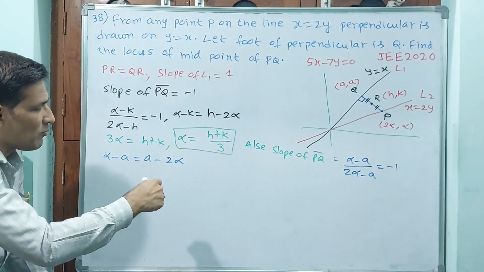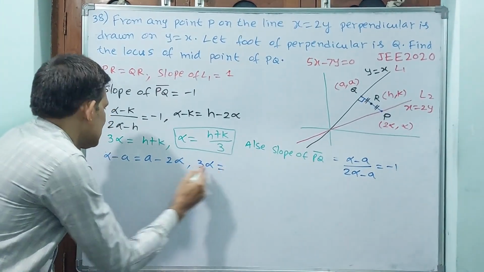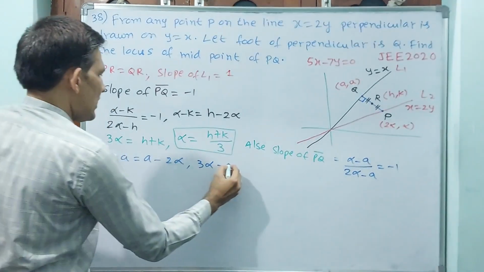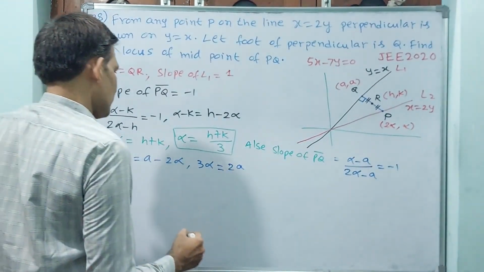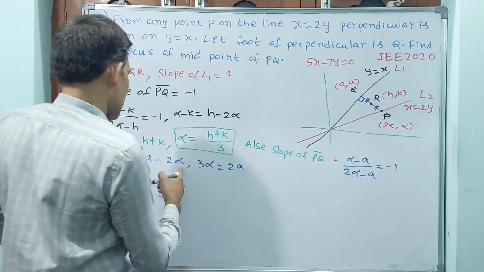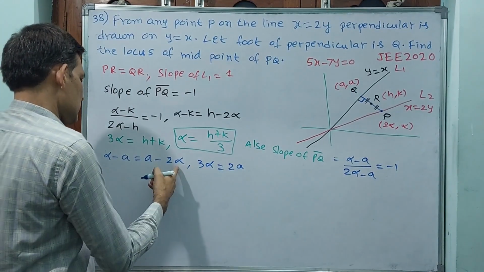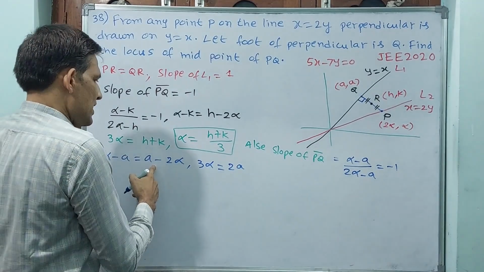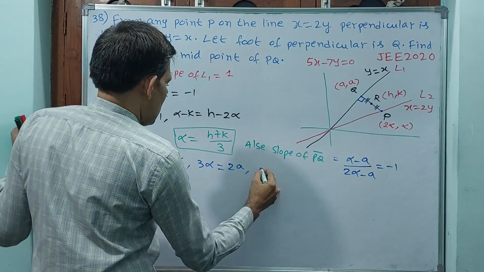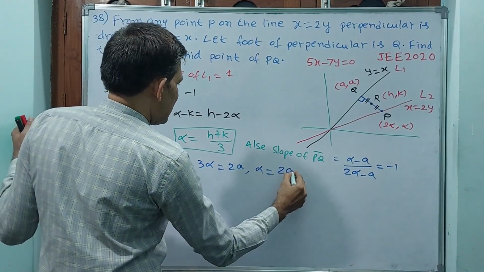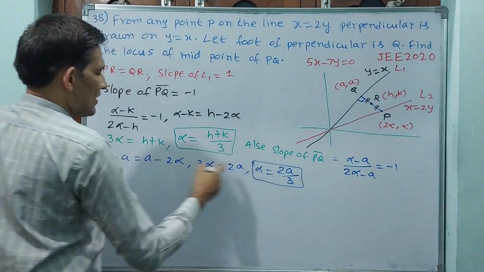Minus 1 if you multiply, then if you send here, 3 alpha is equal to 2a. This is very good. So alpha is equal to 2a by 3.